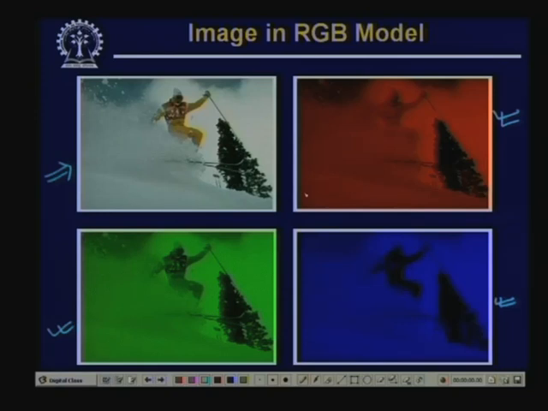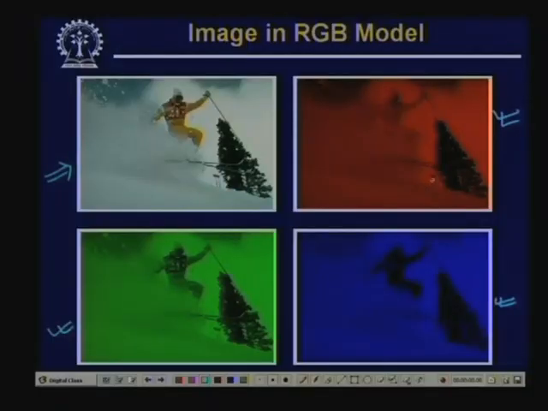These monochrome, or black and white, images are used to excite the corresponding phosphor dot on the color screen. The red component will activate the red dots, the green component will activate the green dots and the blue component will activate the blue dots.